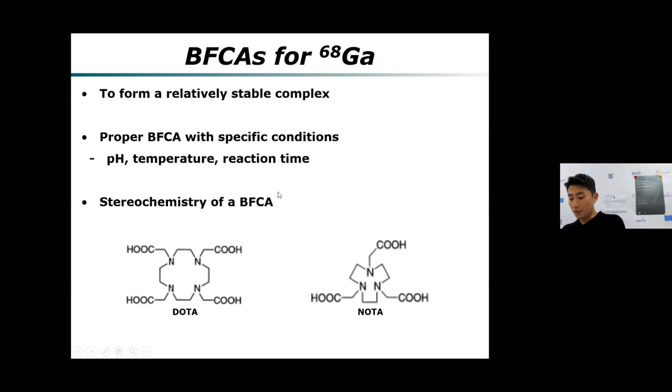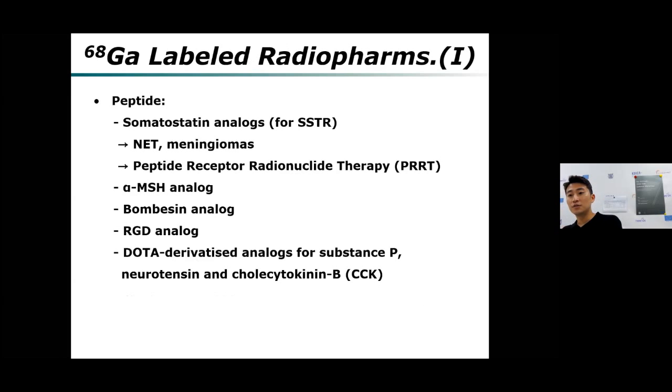For the labeling of this structure, we must be concerned about specific conditions. pH, temperature, and reaction time must be adjusted right before we use this kind of radiopharmaceutical for labeling.